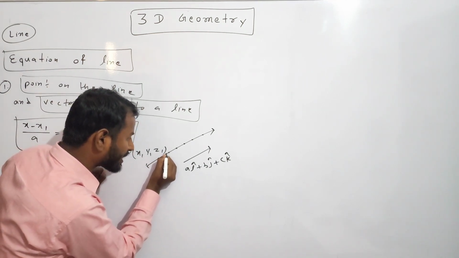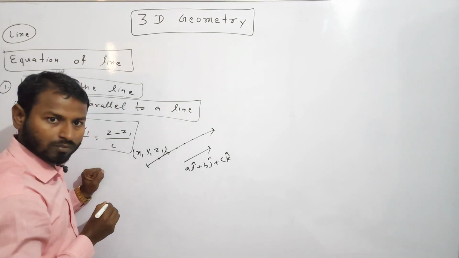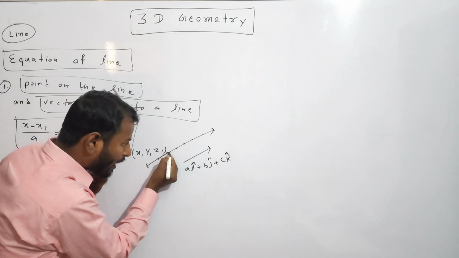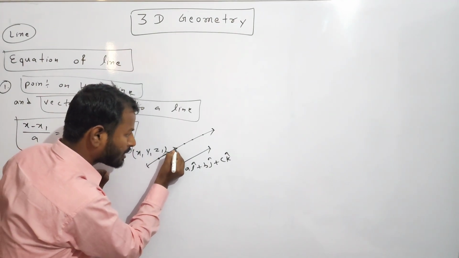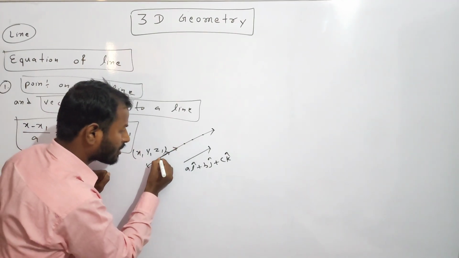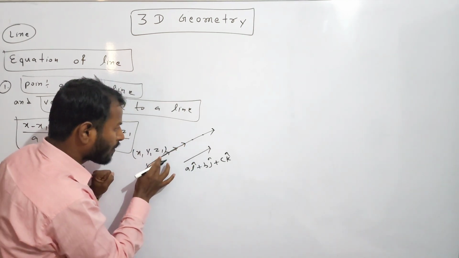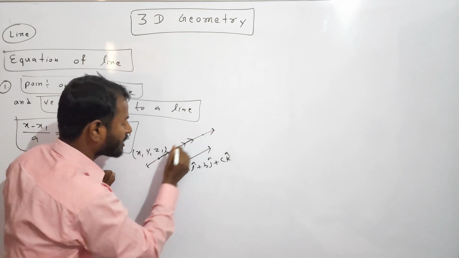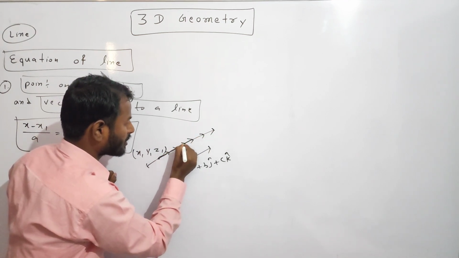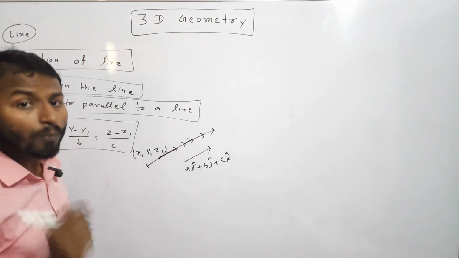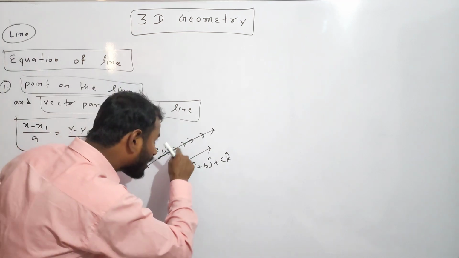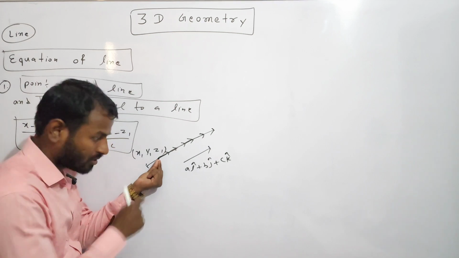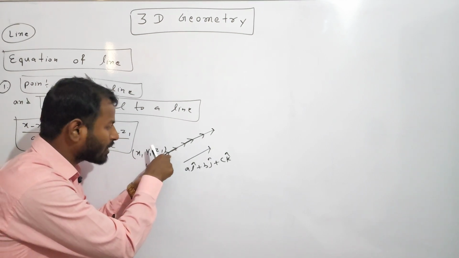If the point is here, we create this vector. If the point is here, we create this vector. Whenever the moving or variable point lies on this line, we create a vector from this fixed point and ending at this variable point.